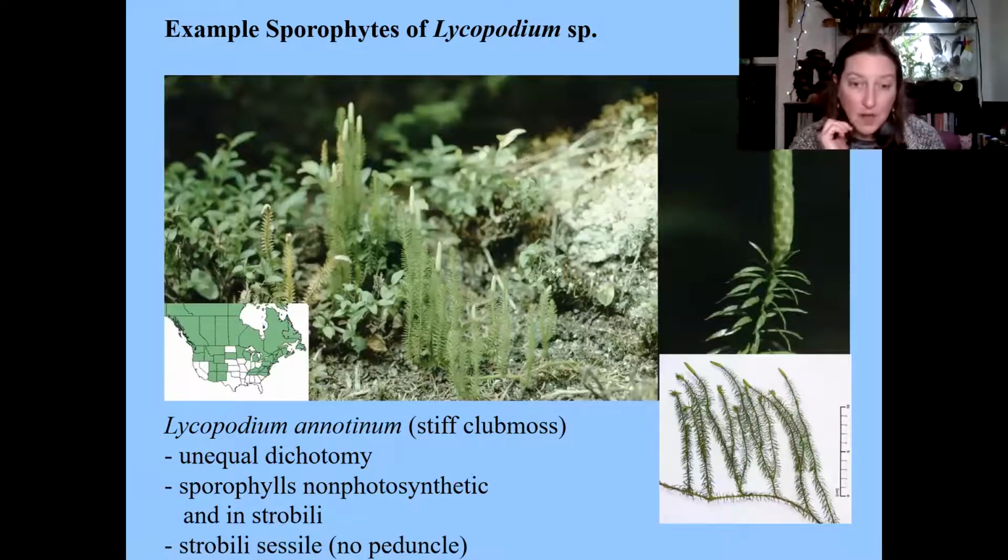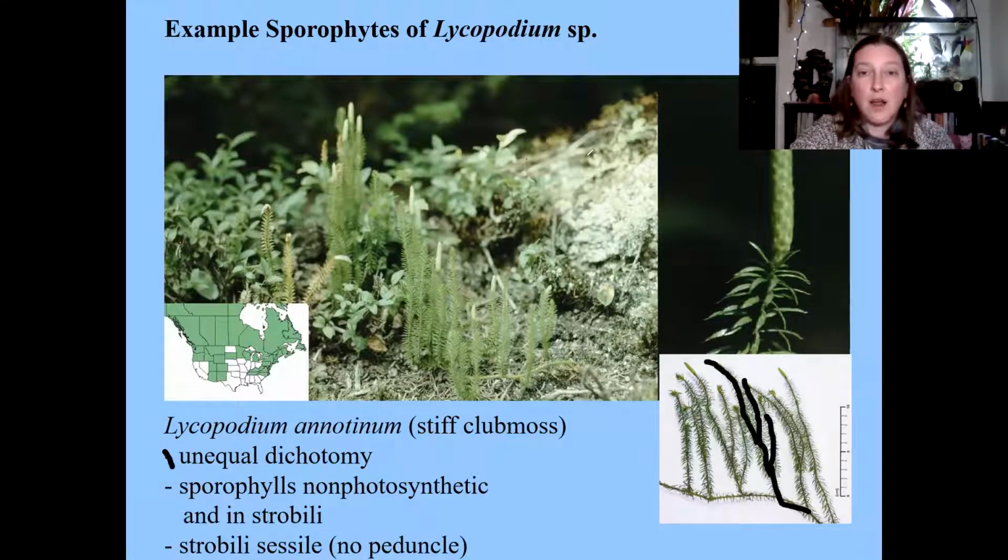Lycopodium anotinum is stiff club moss. Also, you can see this in New Jersey, but look at how this one is a little bit different from the one we just looked at. First, it has unequal dichotomy. So it grows and then grows, but doesn't necessarily split equally all the time. So, unequal dichotomy.